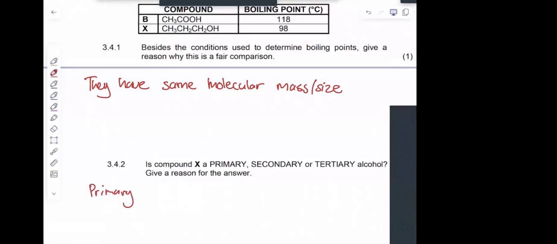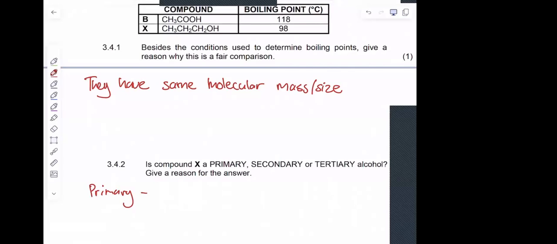And the reason is you can say the hydroxyl group is at the end of my chain, or you can say, well, more correctly actually than that, because it could be at the end of your chain with a methyl group, which would then make it secondary. So don't say that. So rather say that the carbon it's bonded to has a bond with only one other carbon, right?